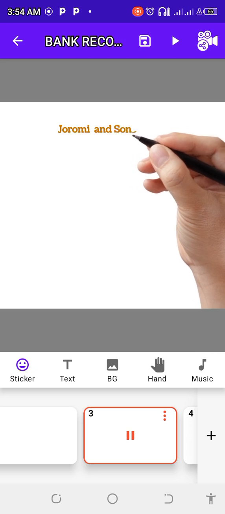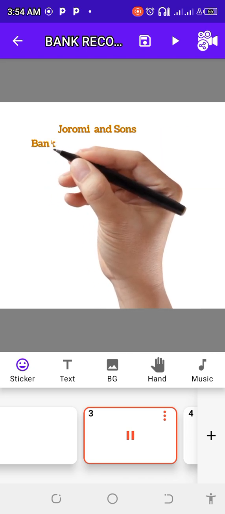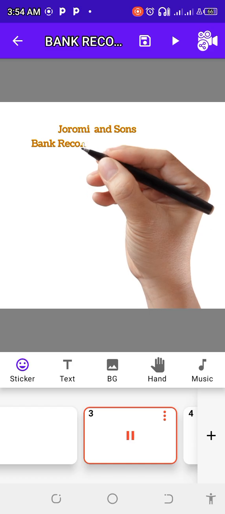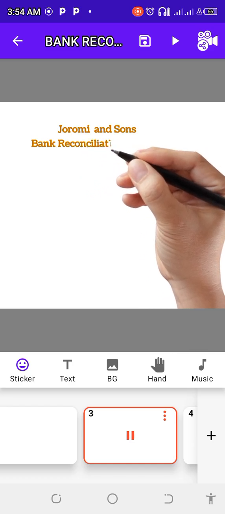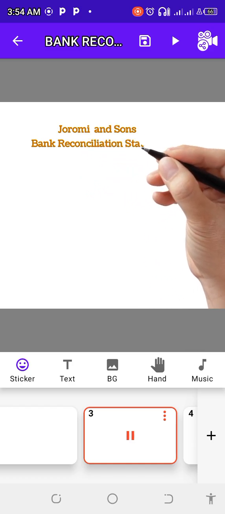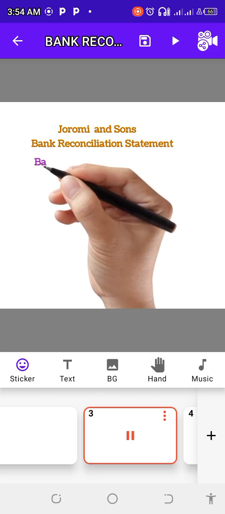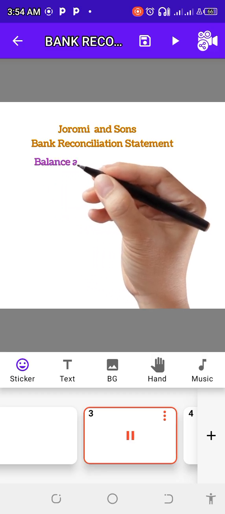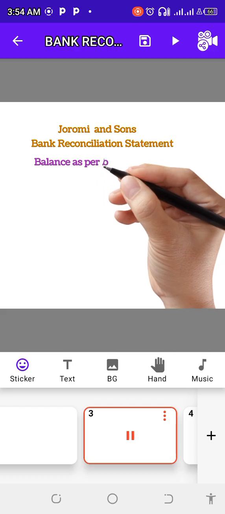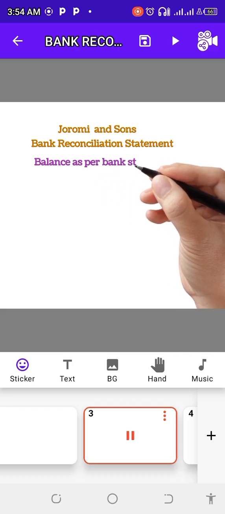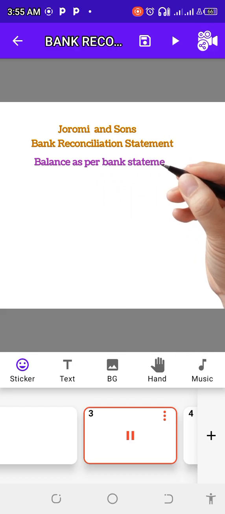Now this is the reconciliation section. Jeremy and Sons, bank reconciliation statements. Now, because we are going to start from the cash book balance, we have to first of all bring out the bank balance.